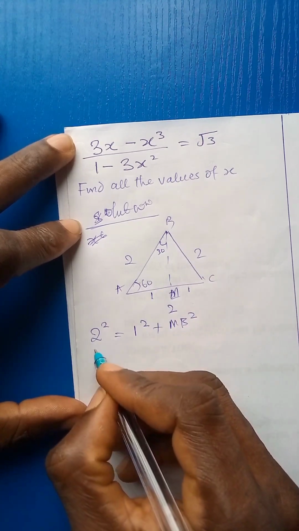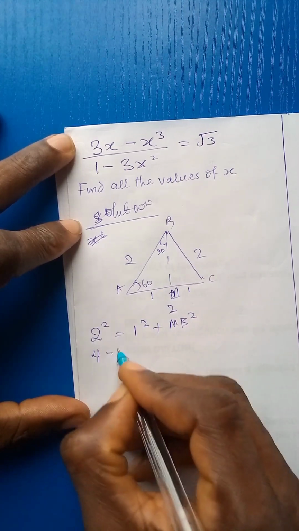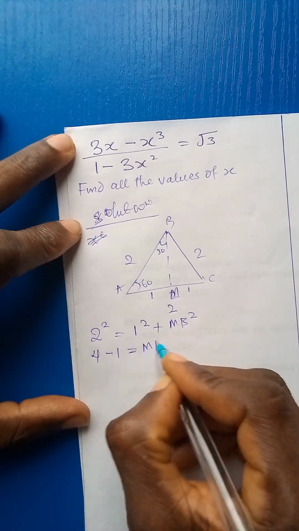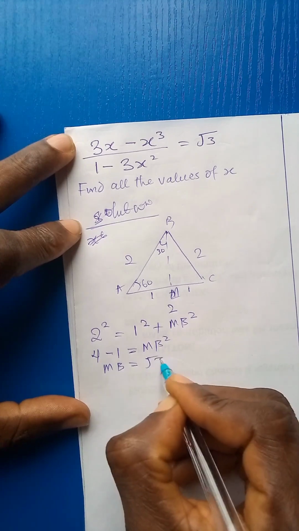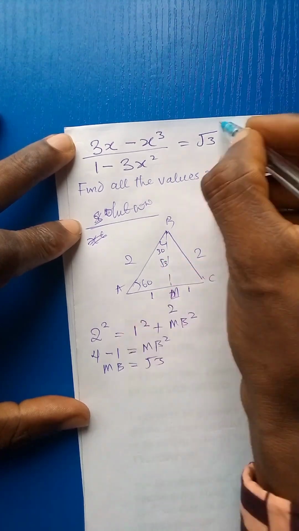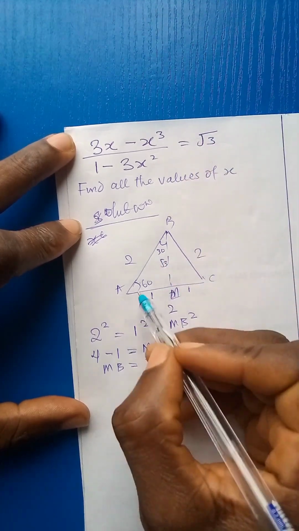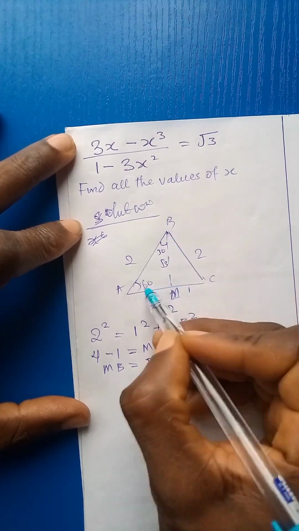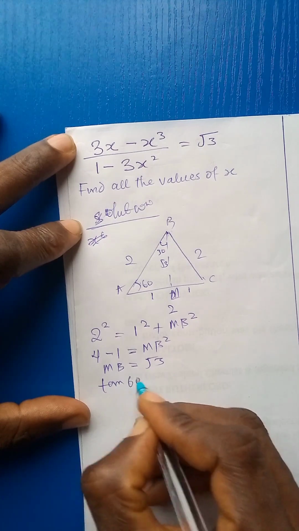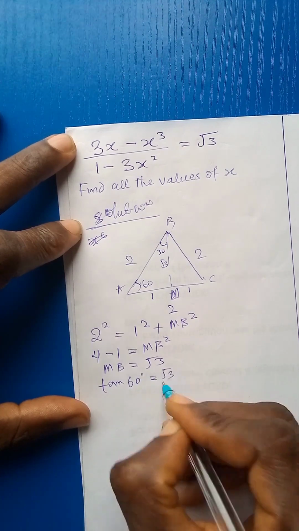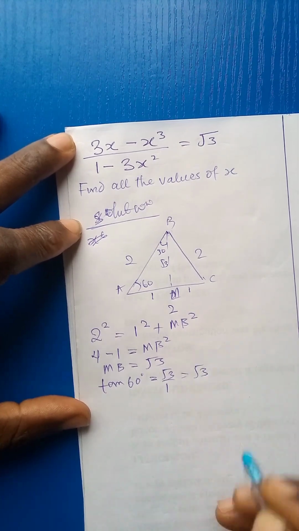So, finishing up, we have 4 minus 1 is equal to MB squared. And so, side MB is equal to root 3. So here is our root 3, the root 3 we are looking for. Let us notice that it is the opposite side to 60 degrees. So tan 60 degrees here is equal to root 3 over 1, which is our root 3.